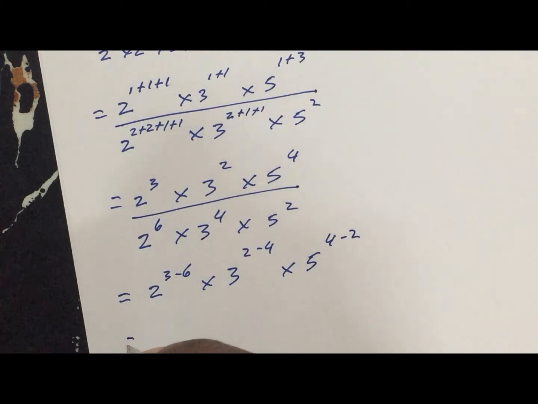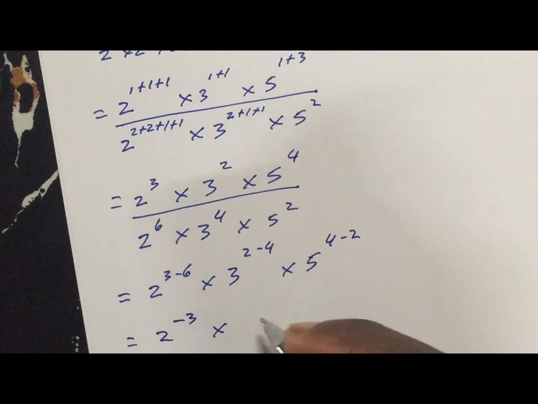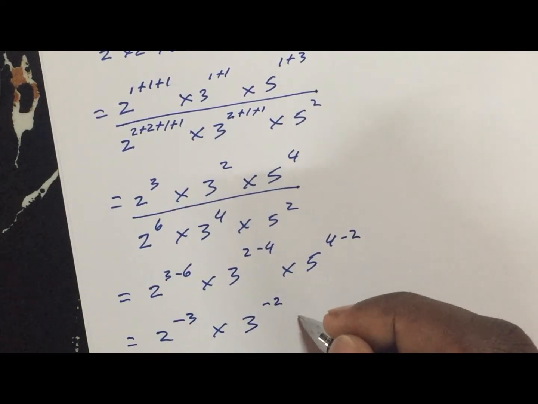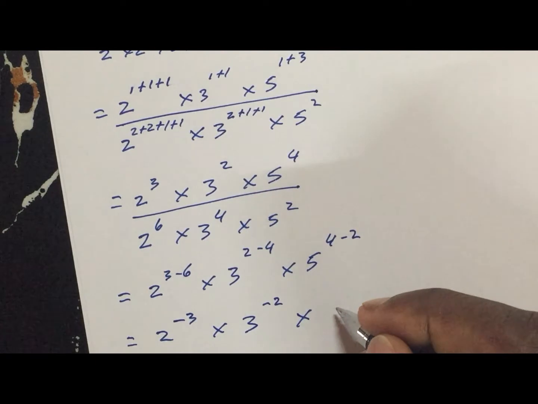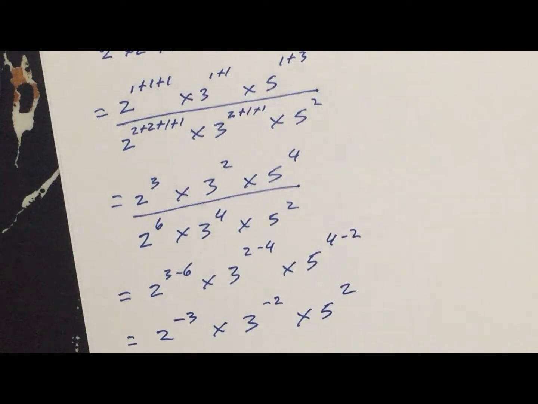Further simplify this, we have 2 to the minus 3 times 3 to the minus 2, pretty good, times 5 squared.